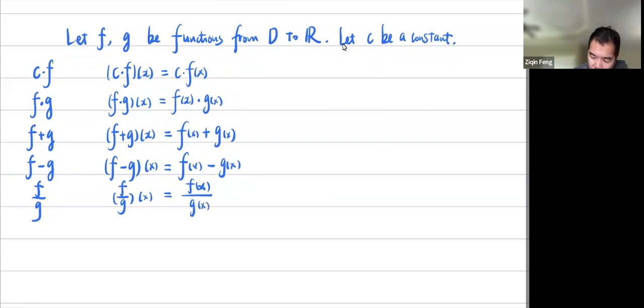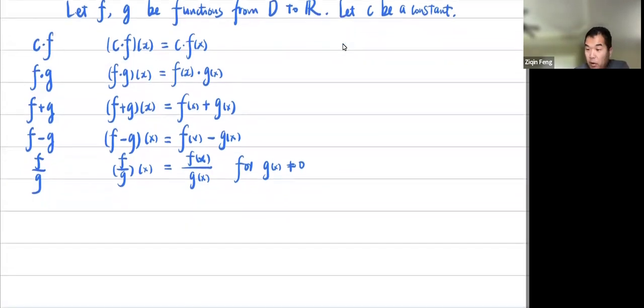In this case, for sure, we need to assume the denominator cannot be 0. You can get this quotient function. Otherwise, this quotient function is undefined, right? So this is how we obtain new functions through multiplication or division or addition, subtraction, or multiplying by numbers.